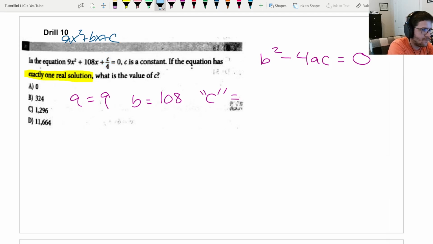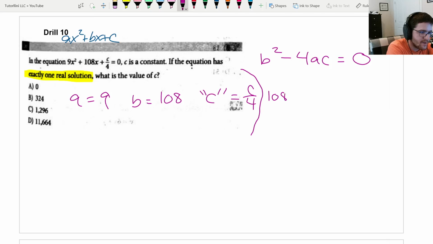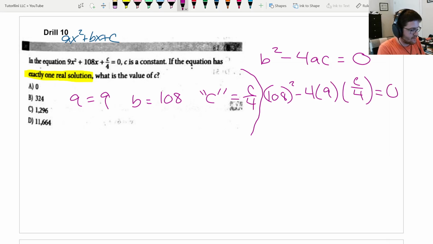So don't forget, it's not just c or 1/4; it's the whole thing, c divided by 4. Okay, great. So we can put that all into our equation. So we get 108 squared minus 4 times 9 times c over 4. And what the heck is 108 squared? That's kind of a big number.